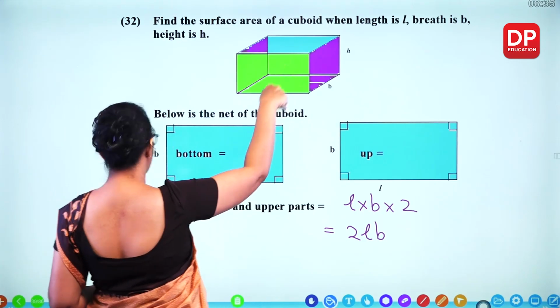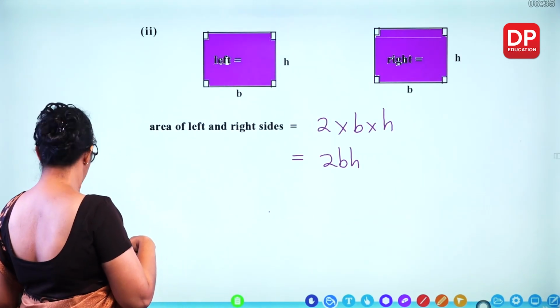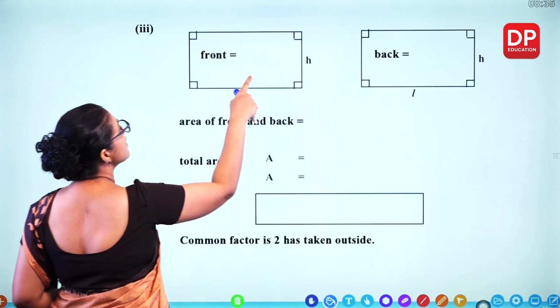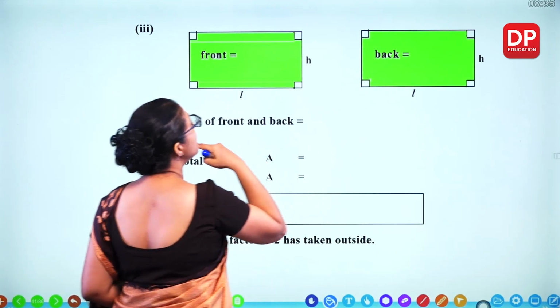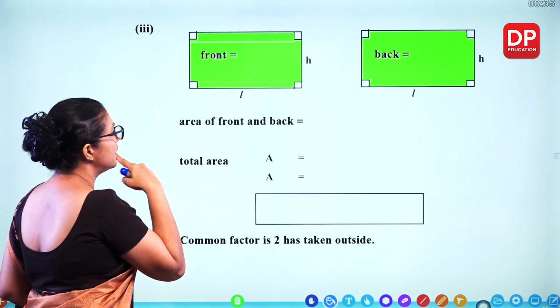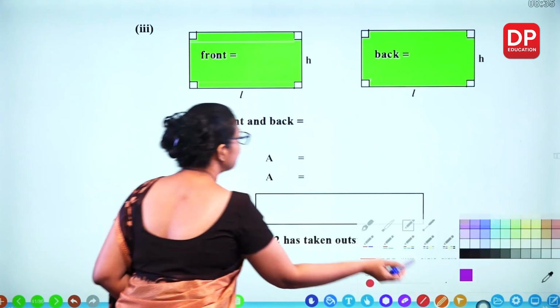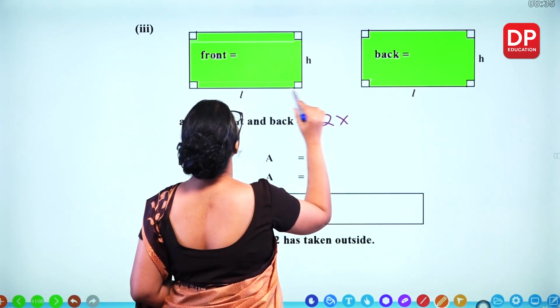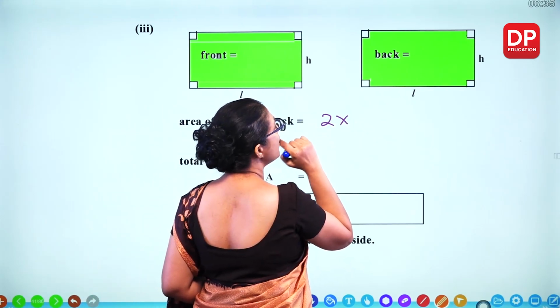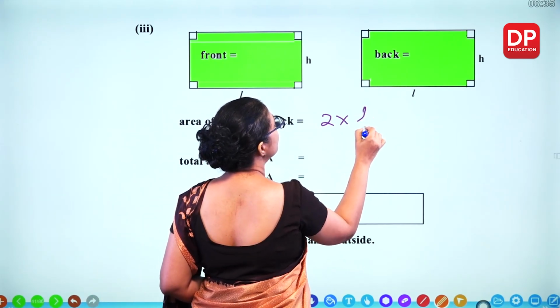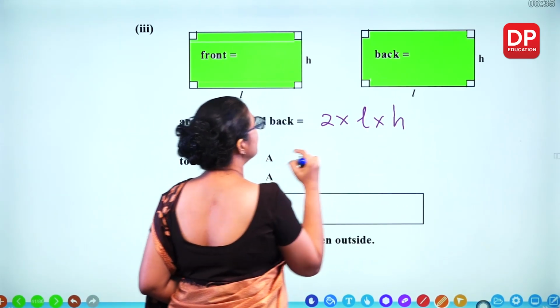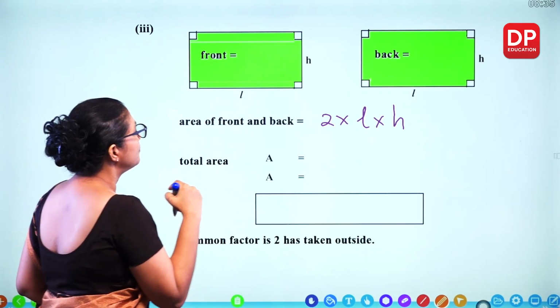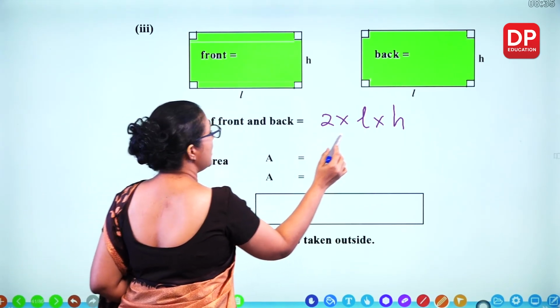L with H. I can take the same color, front and back. So what's the area? I get 2 times L into H, 2LH.